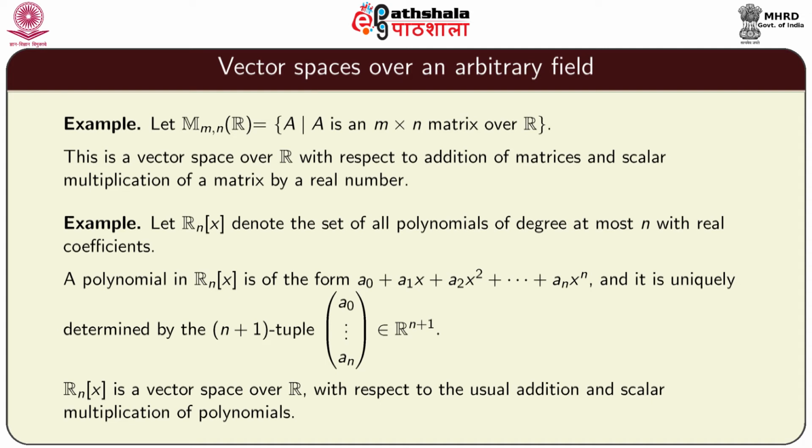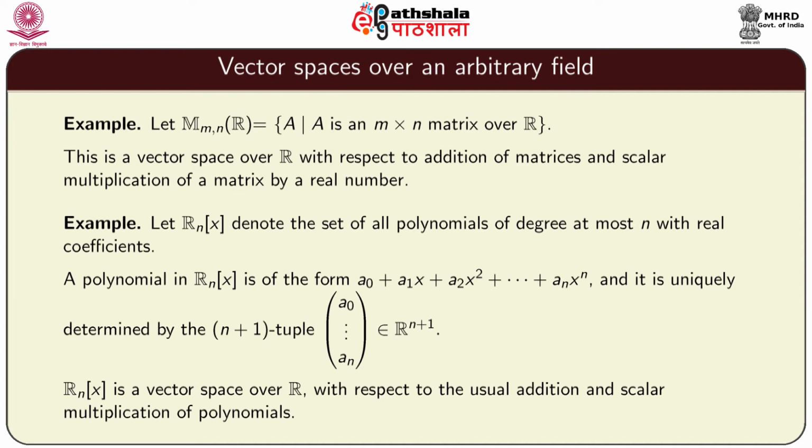So, typically a polynomial with real coefficients with degree at most n would look like a0 plus a1 x plus a2 x squared and so on, an x to the power n, where a0, a1, up to an are n plus 1 real numbers. x stands for the indeterminate, and what is important here is that a polynomial like this is uniquely determined by the n plus 1 tuple a0, a1, a2, etc., an, and this n plus 1 tuple is in R^(n+1).